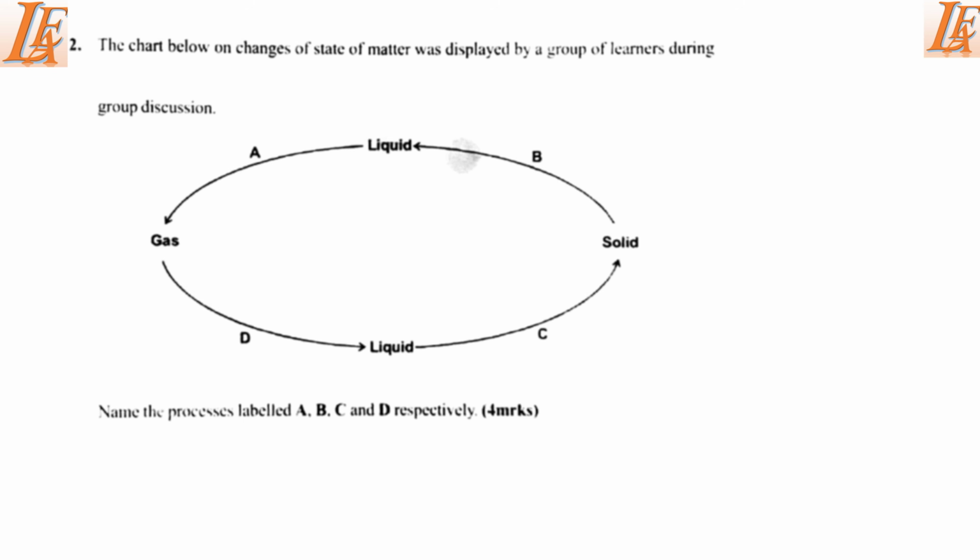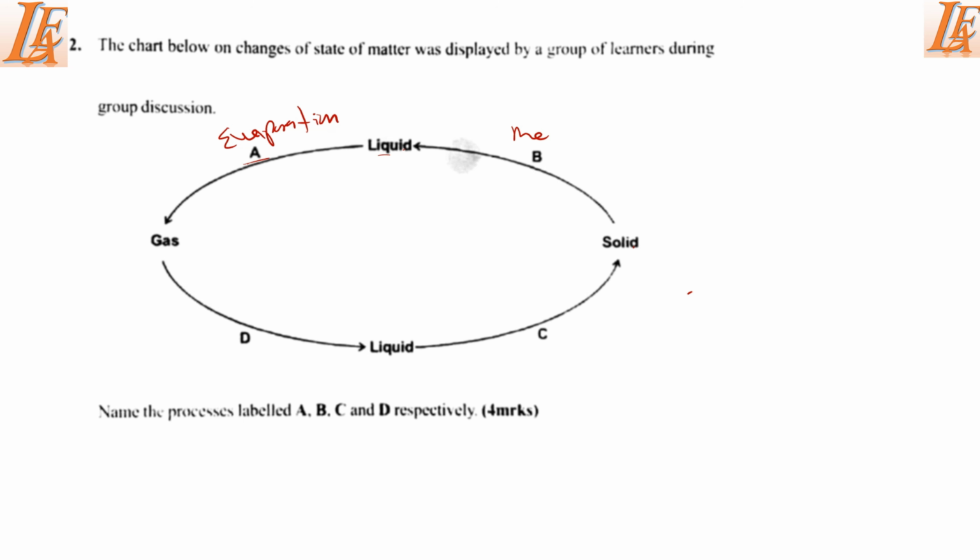Question 12. The chart below on changes of state of matter was displayed by learners during a group discussion. We have process A, where you have liquid to gas. This one is called evaporation. Then we have B, where you have a solid to a liquid.